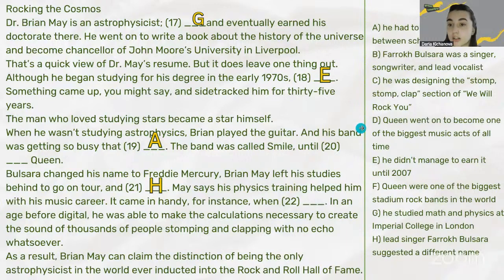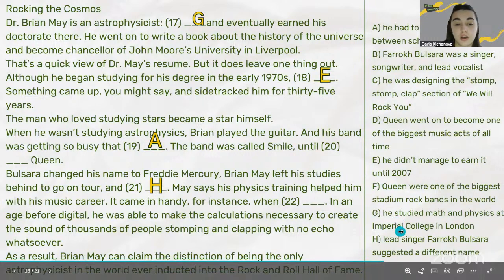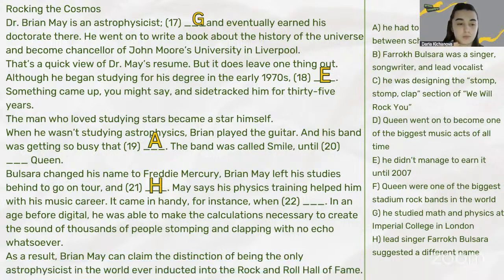Until, let's see what you have. Age. Yeah, that is correct. So I just skipped the spot. Number 20 is age. Good job. So until lead singer Farrokh Bulsara suggested a different name. That is true. So we now know about Queen. Good. Let's move on to the next.